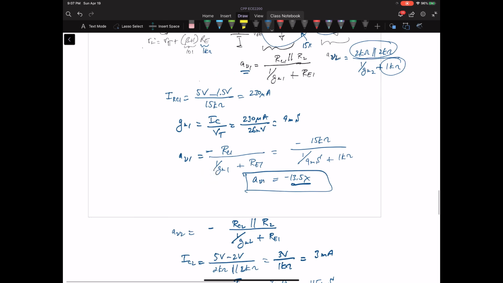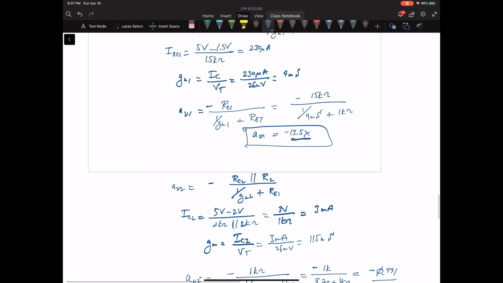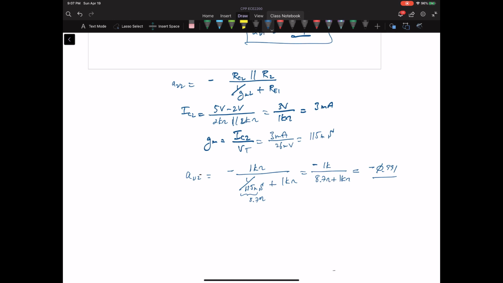Now I had assumed that my input resistance into the second stage was not going to load down the first stage. So let me go back and make sure that's the case. Now that we have all this stuff, we need to figure out Rin. So Rin2 is R pi 2 plus, whoops, it's not R pi squared, it's R pi 2, plus beta plus 1 times RE.